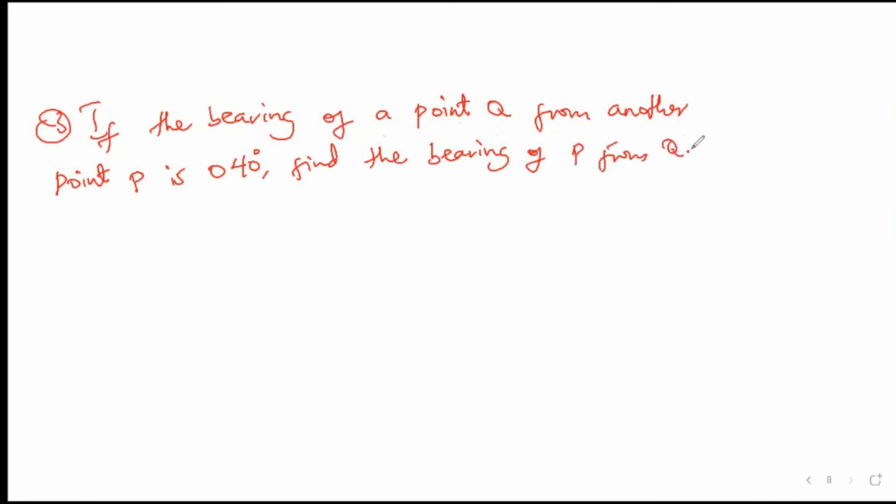You are reading backwards. If the bearing of a point Q from another point P is 040 degrees, find the bearing of P from Q. What are you going to do?